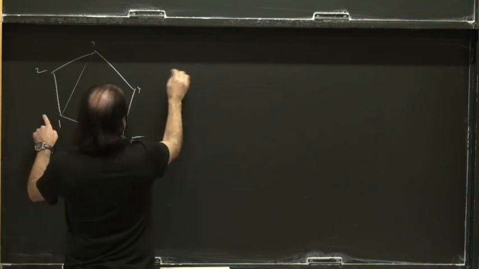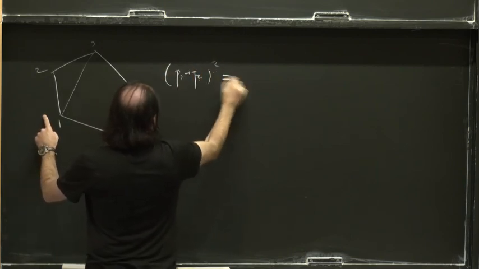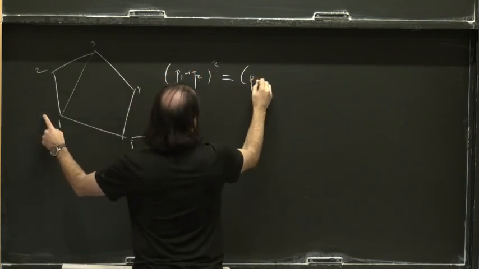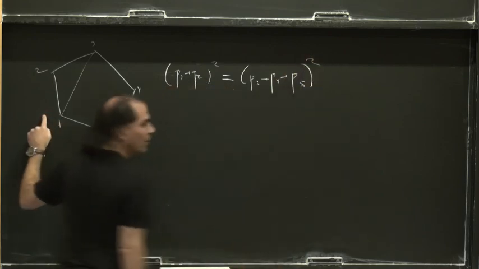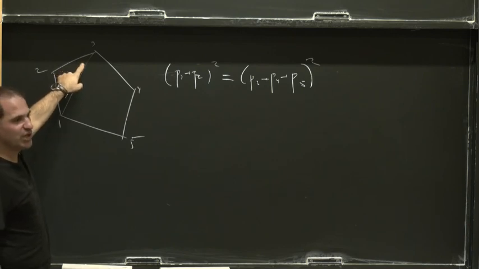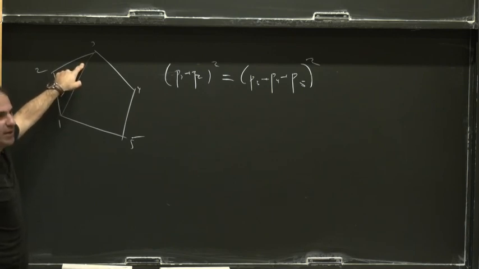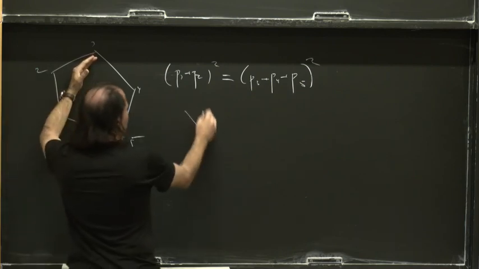I could either say that it's p1 plus p2 squared, but that's the same as p3 plus p4 plus p5 squared. Right? So using the x's is nice. We just call both of them x13. They're just associated with the chord that cuts the polygon in two.